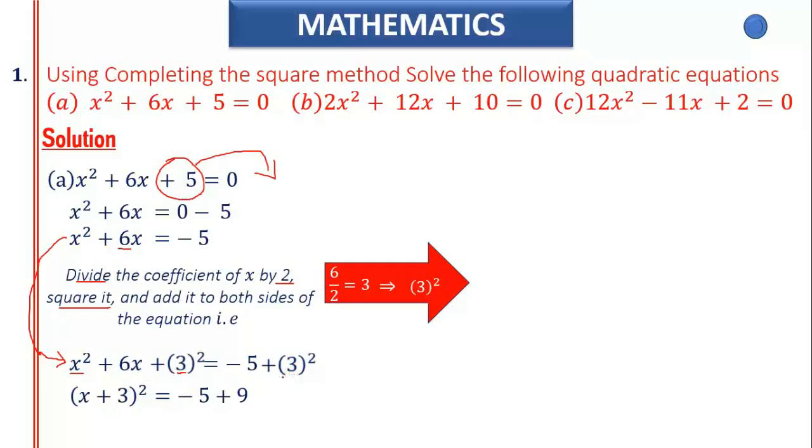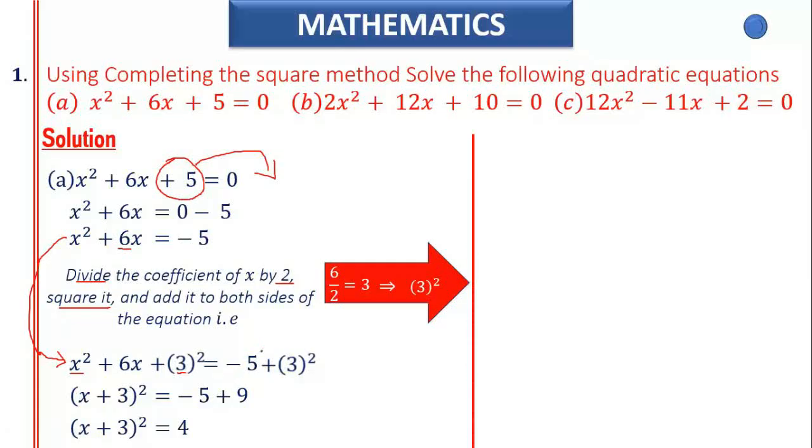At this point you don't expand the bracket, or else it will mess up what you're meant to pick out. We can then simplify further, so we have x plus 3 squared equals 4.